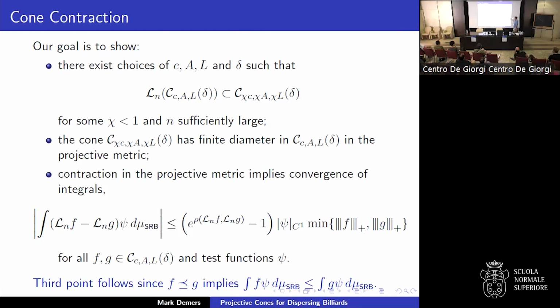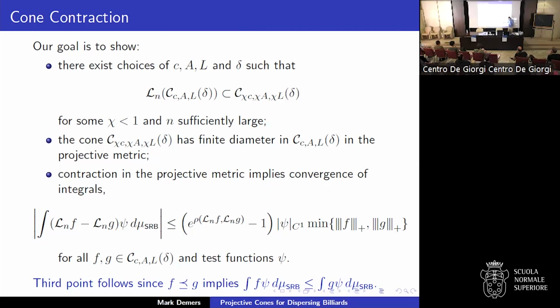And so then, fine, now you have contraction in the projective metric. So why do you get to say that something like an integral, which is not projective, contracts? You have to relate the difference in integrals to this difference in projective metrics. And this type of relation follows because you have some kind of ordering. Although the integral is not projective, it does follow the ordering.